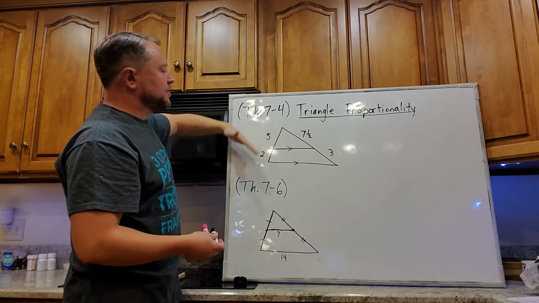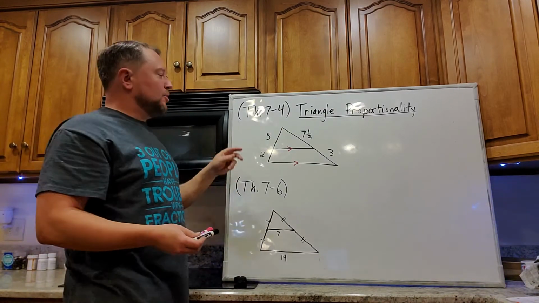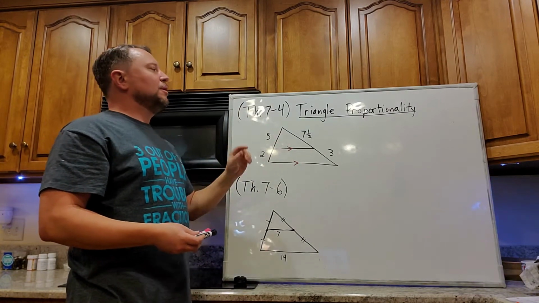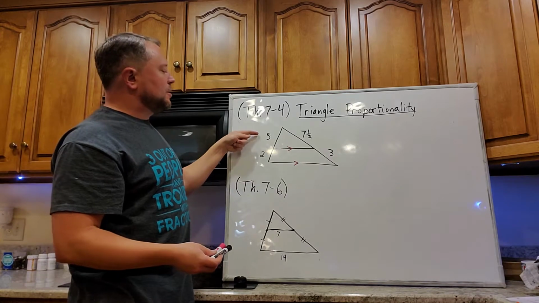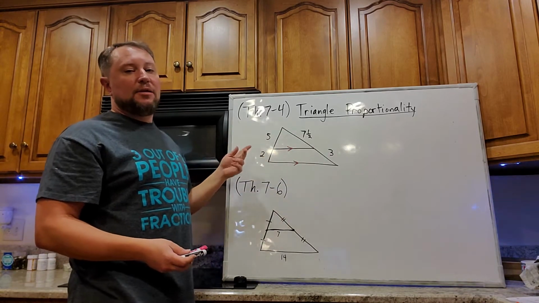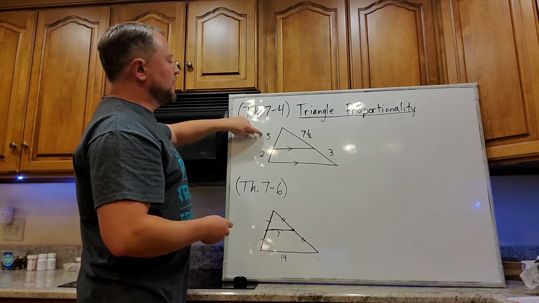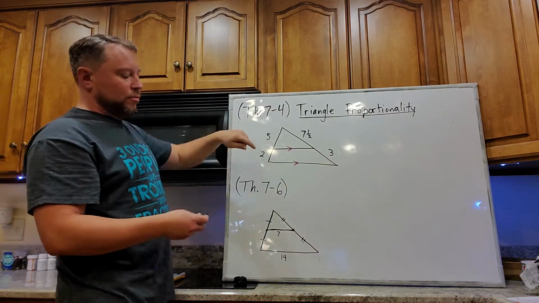So a 5 to 7 ratio. But it turns out you don't have to do that. You don't have to add these together to get the full length on the bigger triangle. When you run a parallel line, it cuts these into parts, and the parts are proportional. So instead of 5 over the full length 7, I can just put 5 over the 2.